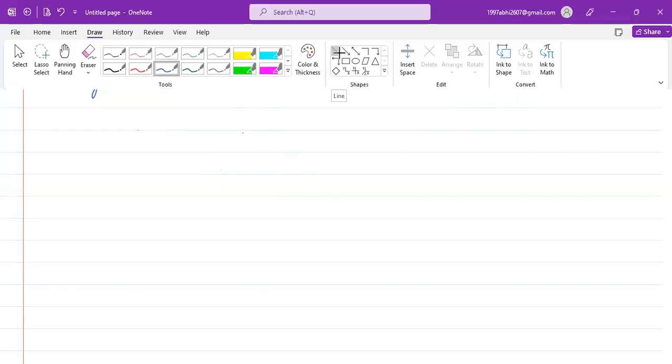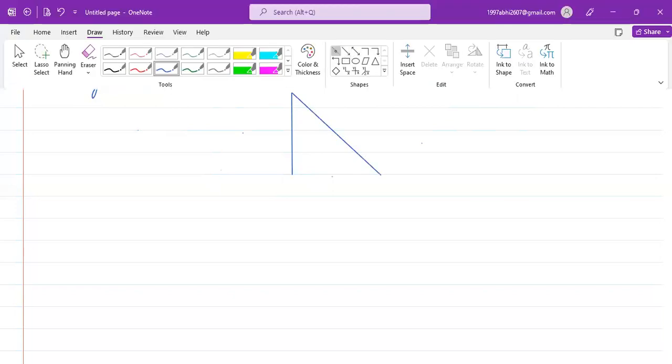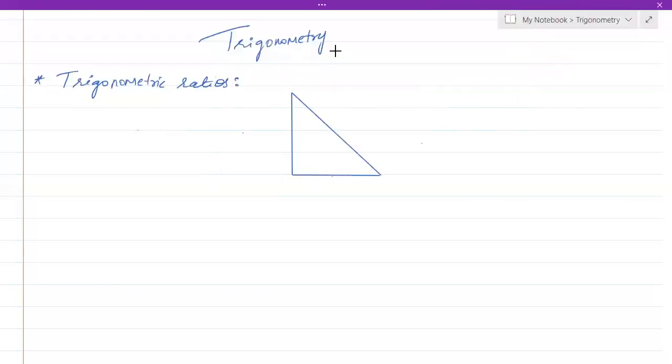Let me draw a right angle triangle. So let's say this is the right angle triangle ABC.